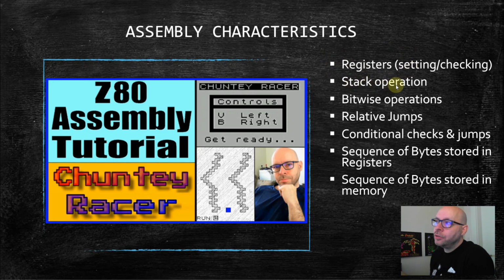Now the next point here says stack operation. Assembly language programming has something called a stack, which is a location typically in memory, which can be used for temporary storage of values when we're executing our machine language or assembly language program. So the stack is an important feature of assembly language programming to understand as well.